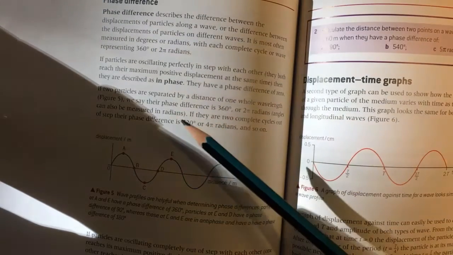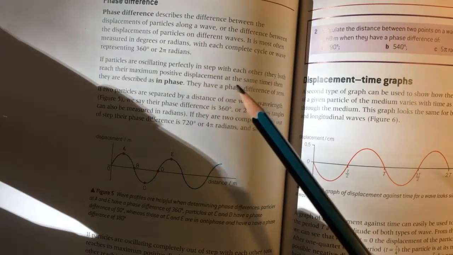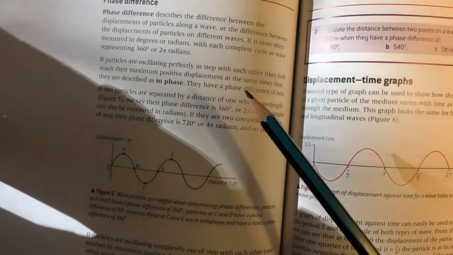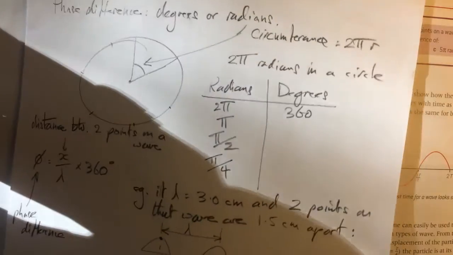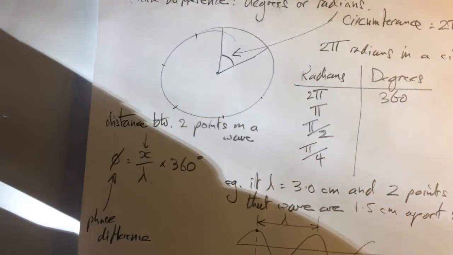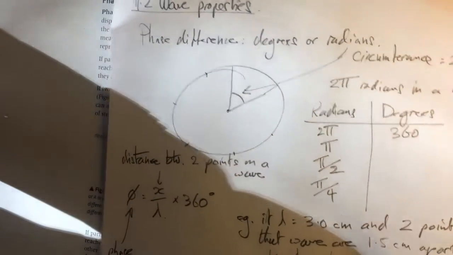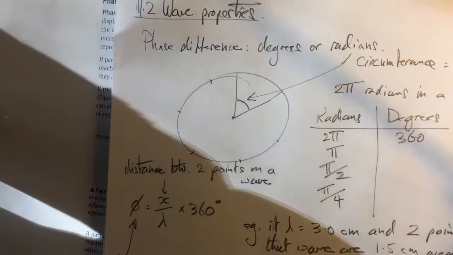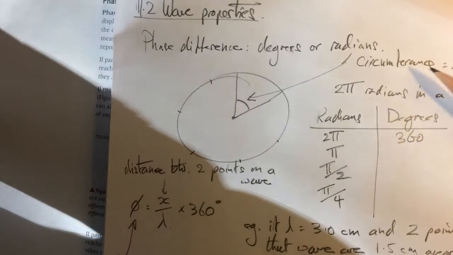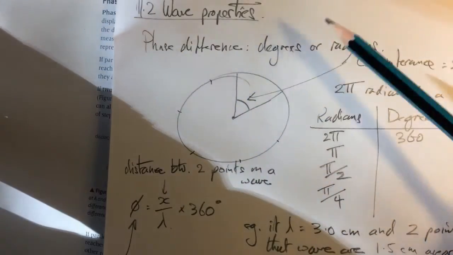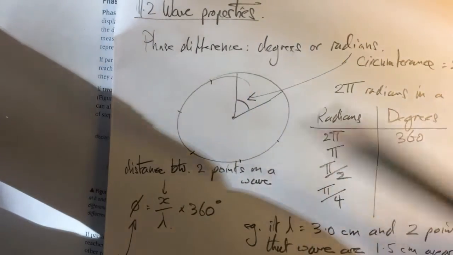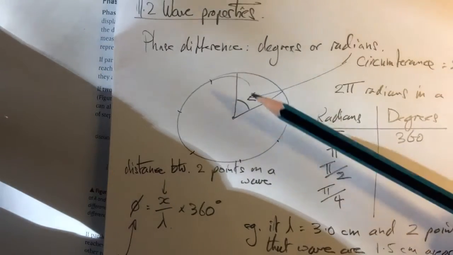It can be measured in degrees or radians. I have a vague memory that we discussed degrees and radians, but if you don't remember, here's my non-maths teacher way of describing it. So basically, the circumference of a circle is 2 pi r, where r is the radius, right? So you multiply 2 pi by the radius to get the circumference. Well, 2 pi is 6.28, right?